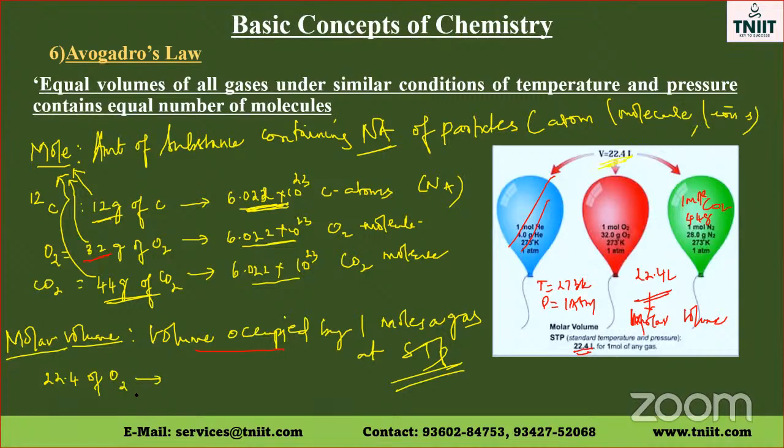So 22.4 liters of oxygen at STP contains 6.022 into 10 power 23 oxygen molecules. Likewise, 44 grams of carbon dioxide at STP contains 6.022 into 10 power 23 carbon dioxide molecules. So this is nothing but Avogadro's law. What is Avogadro's law? Equal volumes of different gases.